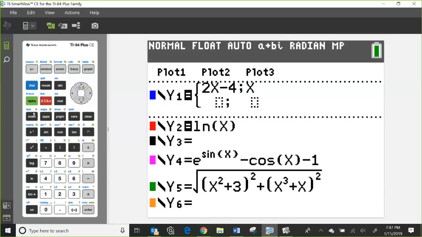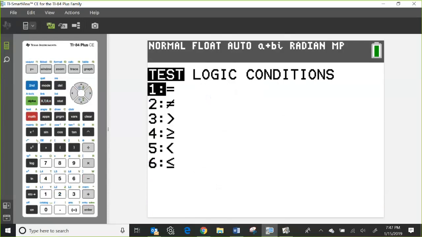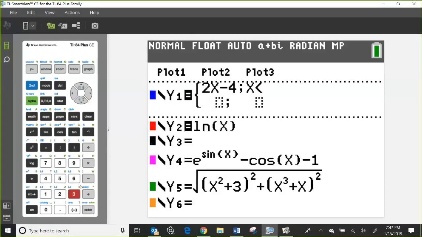Notice where test is, right here on the math button, and it's blue, so you'll go second test, and you're going to pull up the less than, or type the number 5, and put in your 3. Use your cursor and get it down to the next one. Left right cursor brought me over to it. I think the top one was supposed to be a 2. Okay, now going down to 2x minus 4.